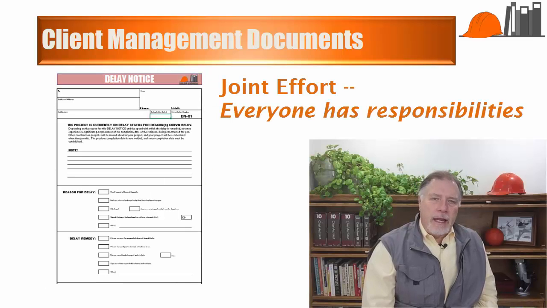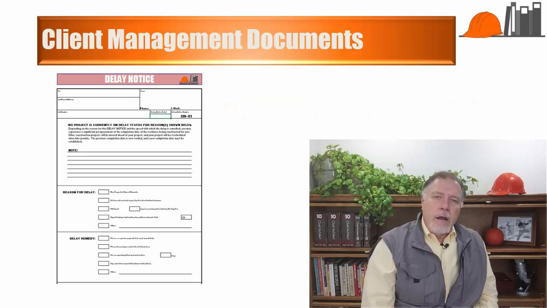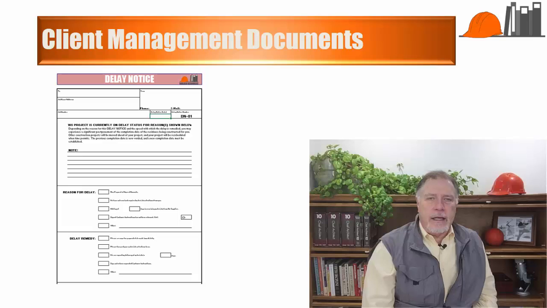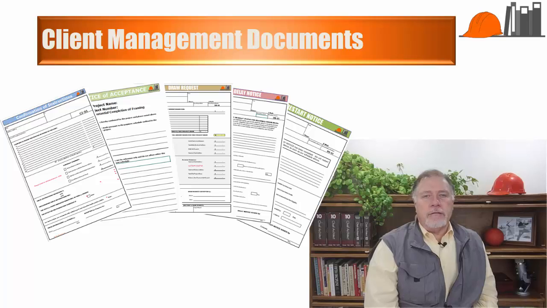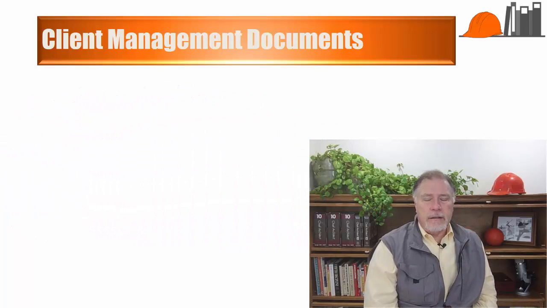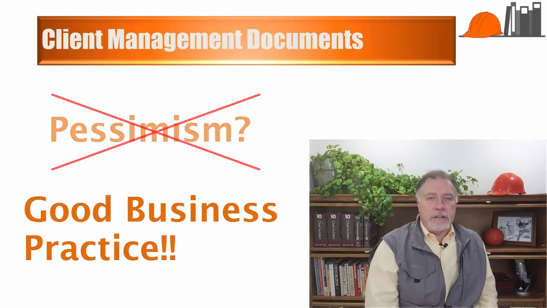You can explain that a lack of action on the part of the client may result in a cessation of work on the project. You can demonstrate that you understand the complex procedures involved in building a house and that the client must participate as expected in the effort. These 5 documents represent a methodology for establishing a process for dealing with potential client problems before the problems arise. It may sound like pessimism, but it's really just good business practice.